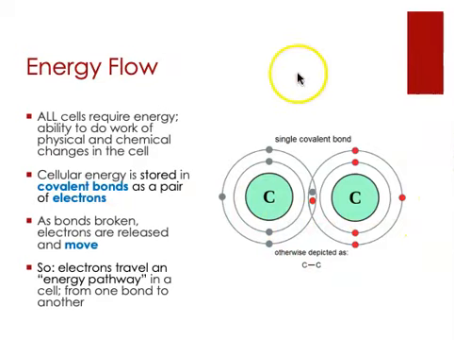This image over here on the right-hand side of the slide just reminds us what a covalent bond is. Here we see two atoms of carbon, and we can see the atomic nucleus in the green area. And then we see these concentric rings around the atomic nucleus. Those rings represent shells or collections of orbitals that contain electrons.